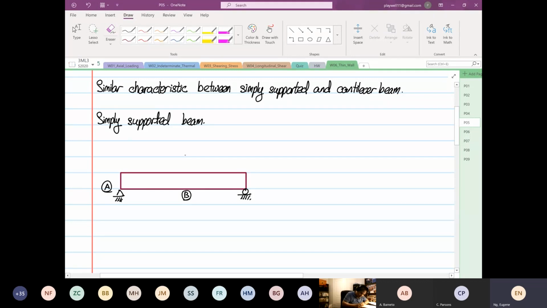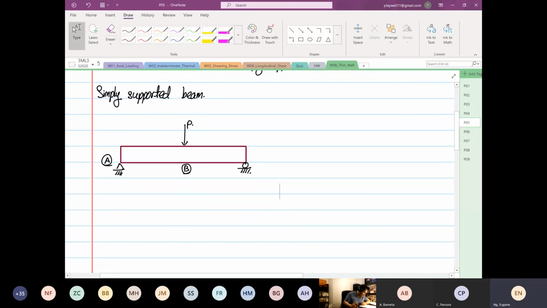And then we have a load P over here, right? So from here, we know that the structure will fail at point B. The structure will fail at point B.